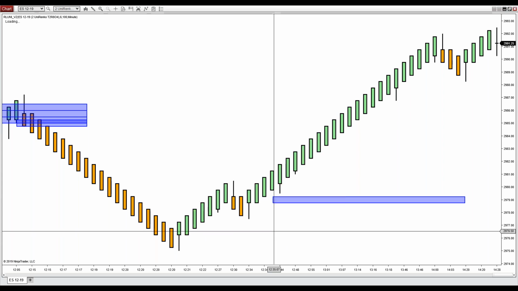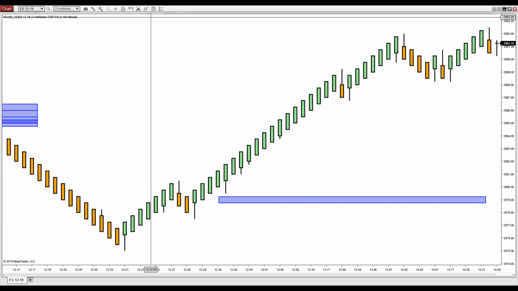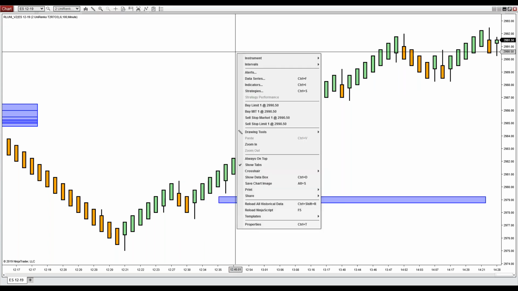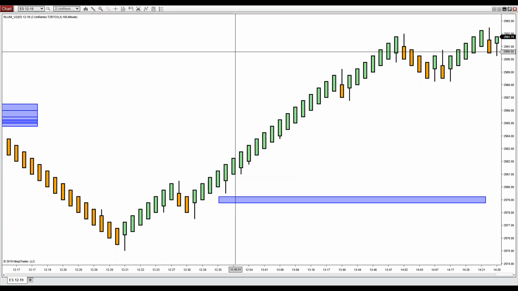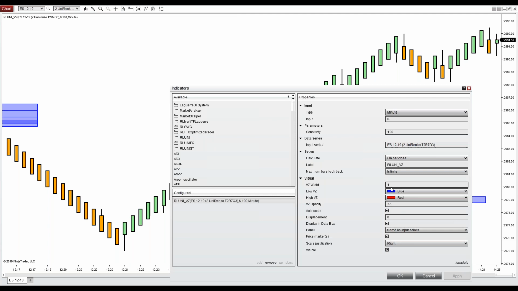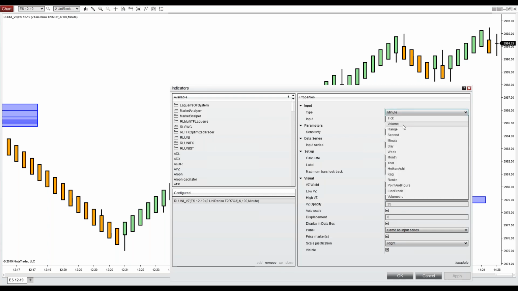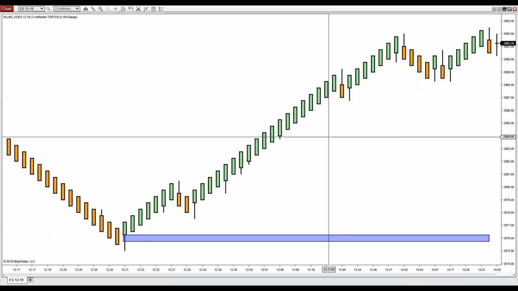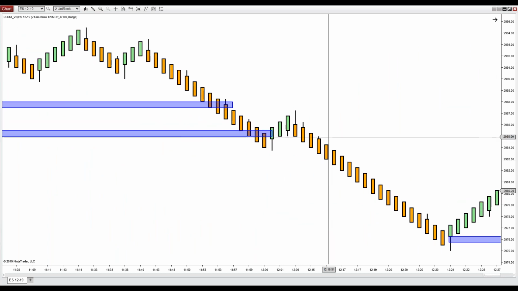We change that. And then we've got to go to the indicator, and we have to make that a 1. And we have to go to range, and we use an 8 range. And here are your areas on the E-mini.